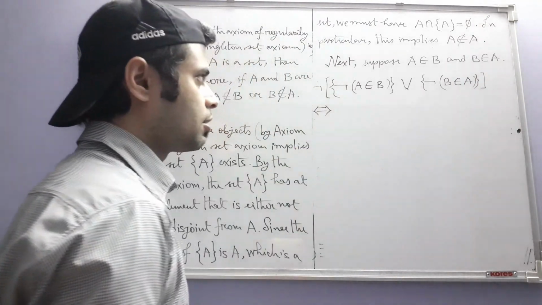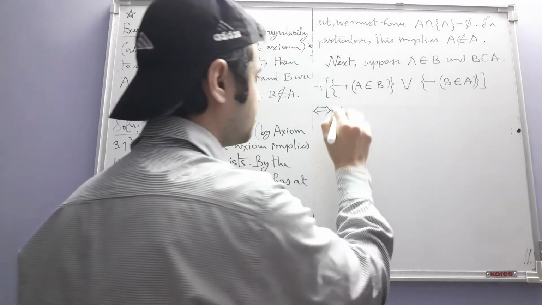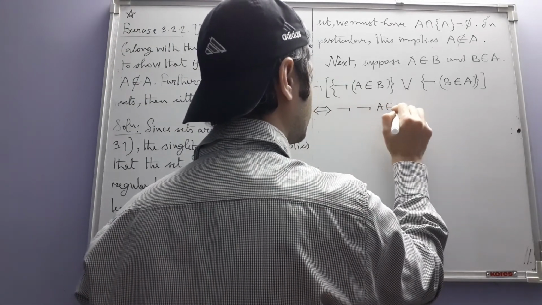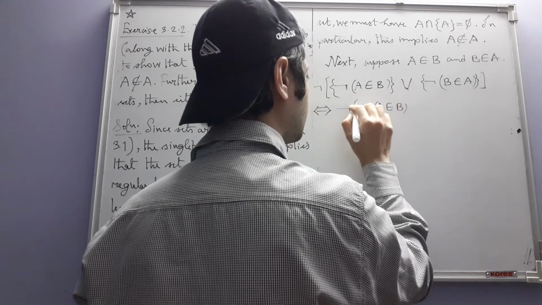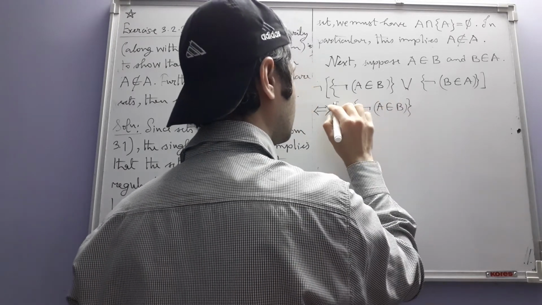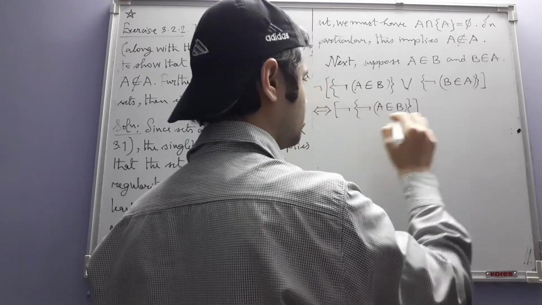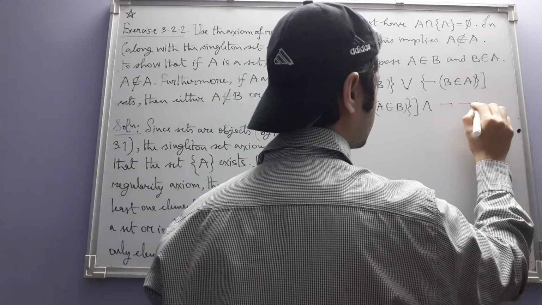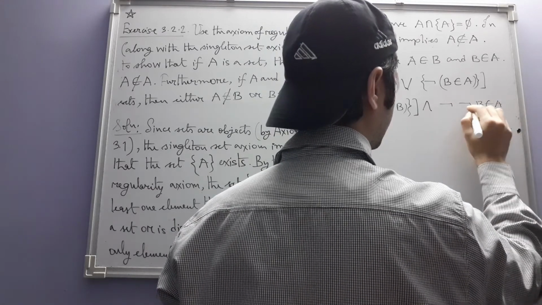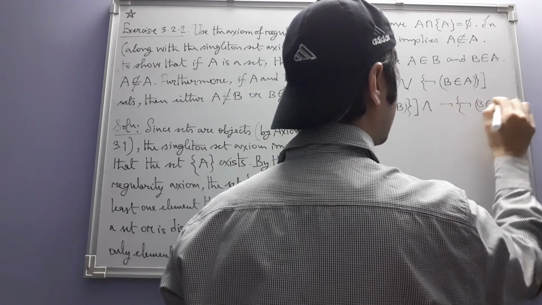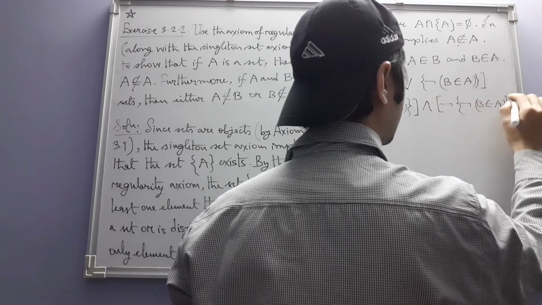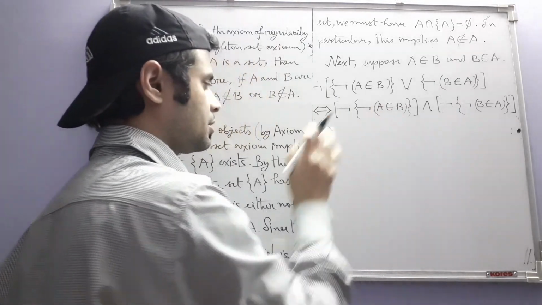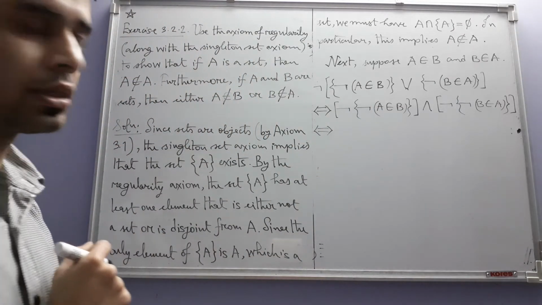By De Morgan's law from mathematical logic, this is negation of A belonging to B, or becomes and, negation of B belonging to A. By the law of double negation, a double negation of a statement is equivalent to the statement itself.